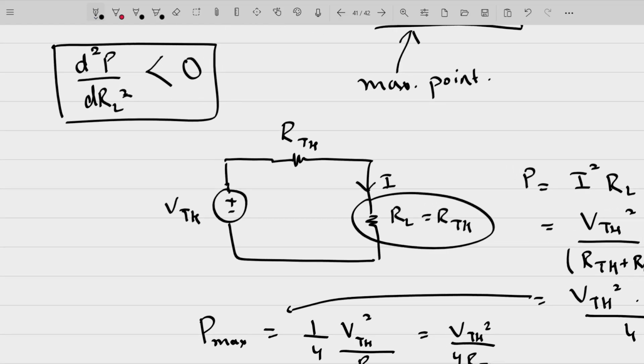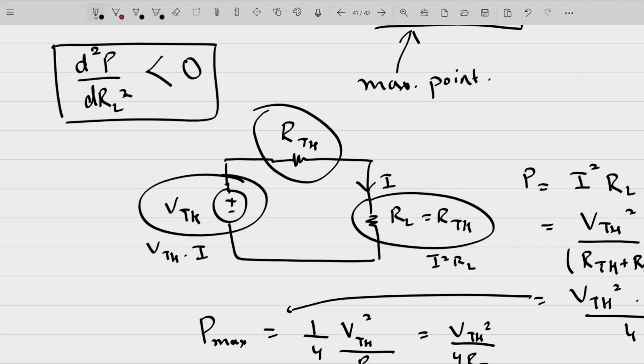Power consumed by this load is I square RL. Power delivered by this source is VTH into I. So this portion of the circuit is also consuming power, and it will be consuming the same power because RTH and RL are the same.